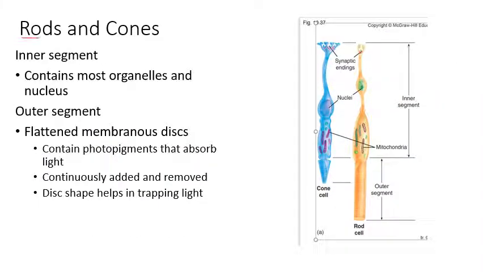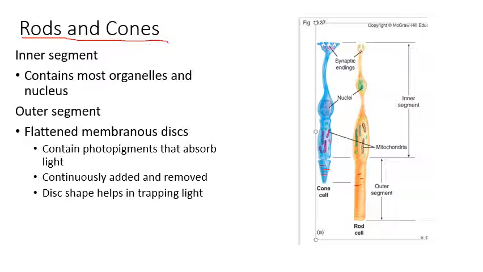So a closer look at the actual photoreceptors. See, here are the rods, here is the cones, and you can see there's an inner segment closer to the eyeball, and then an outer segment with these disc-like regions.